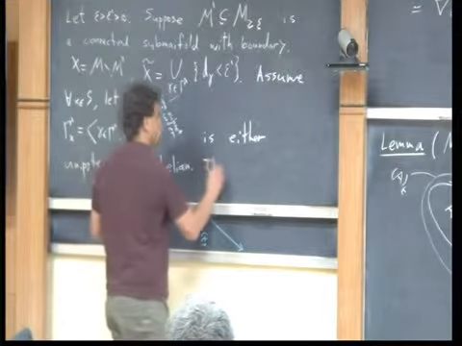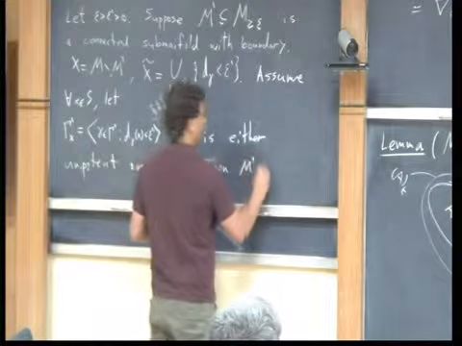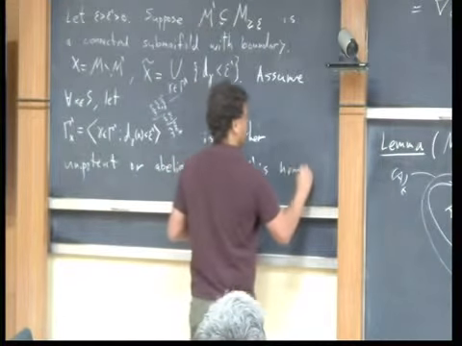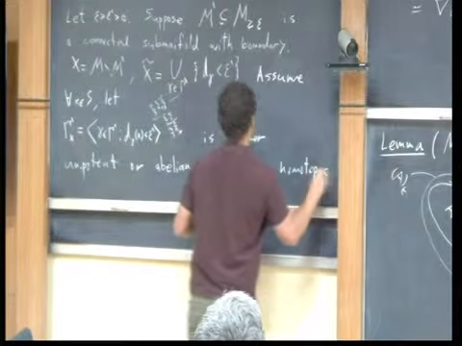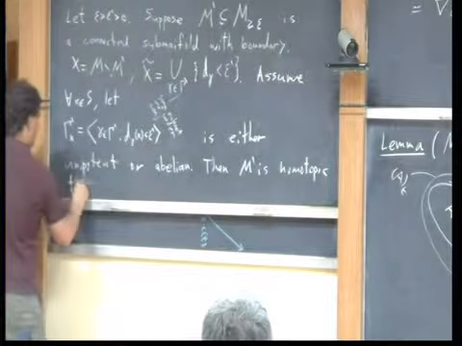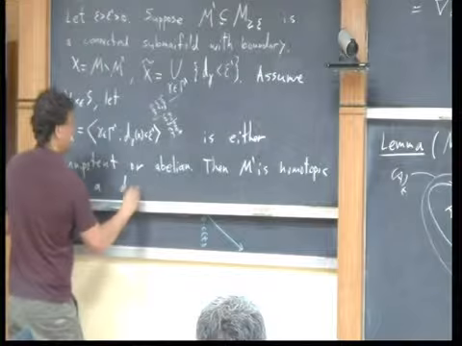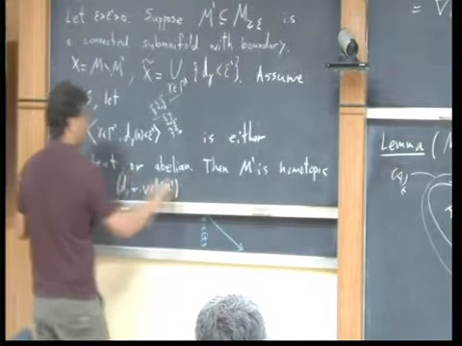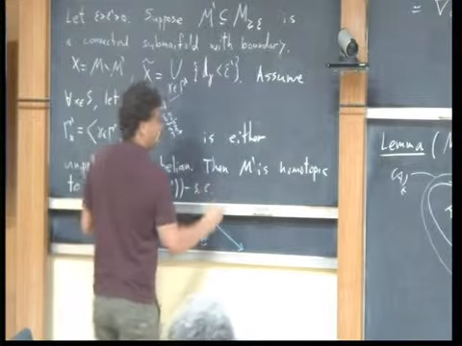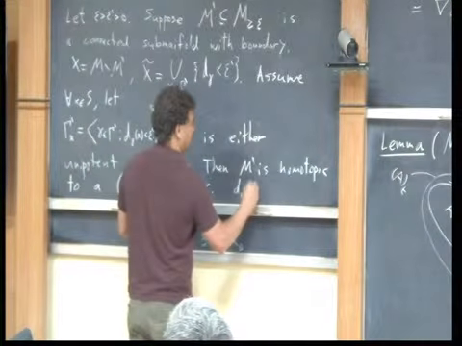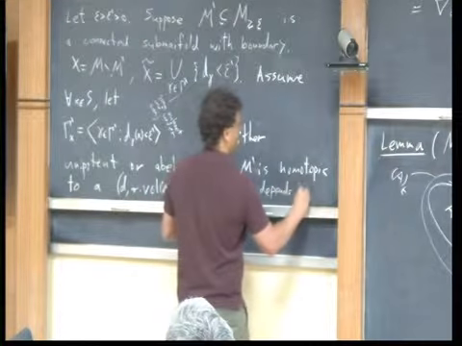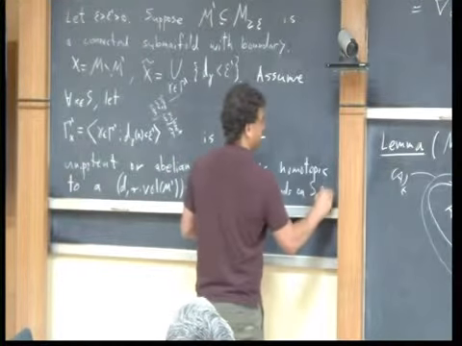Then M prime is homotopic to a d, alpha volume of M prime simplicial complex. And d and alpha depend on S, epsilon, and epsilon prime.